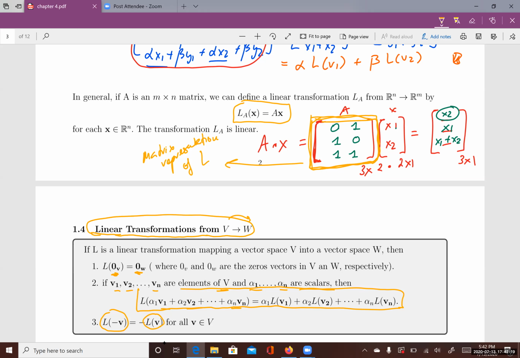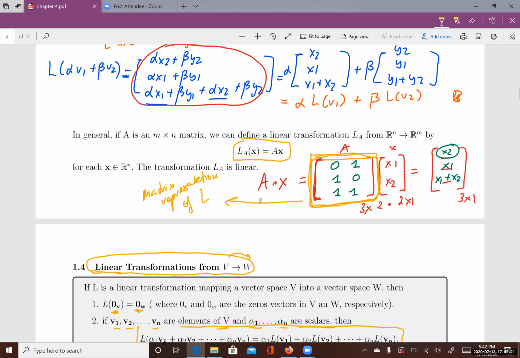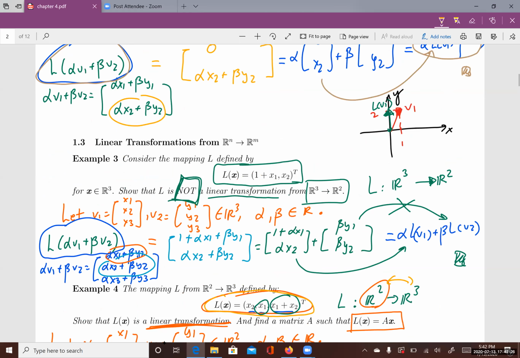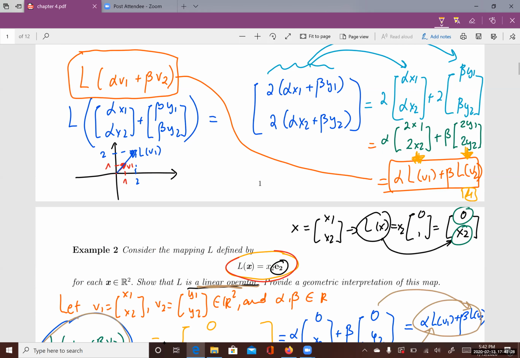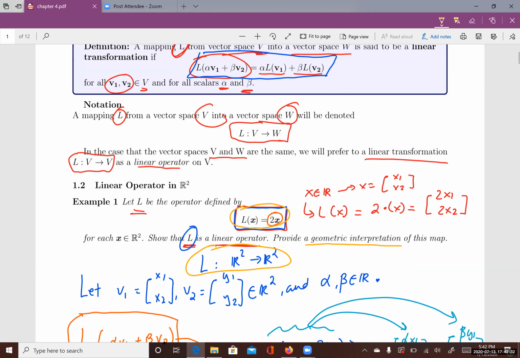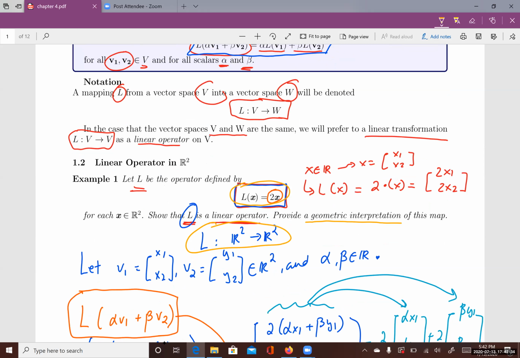Okay, here we go. This is an introduction to linear transformations. You learn about the definition of a linear transformation from a vector space to another vector space. If you take vectors from a vector space and map them to the same vector space, then it is called a linear operator.